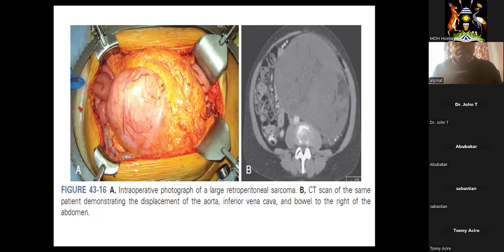But also you can further divide the retroperitoneal space into a perirenal space, an anterior pararenal, and then the posterior pararenal space.